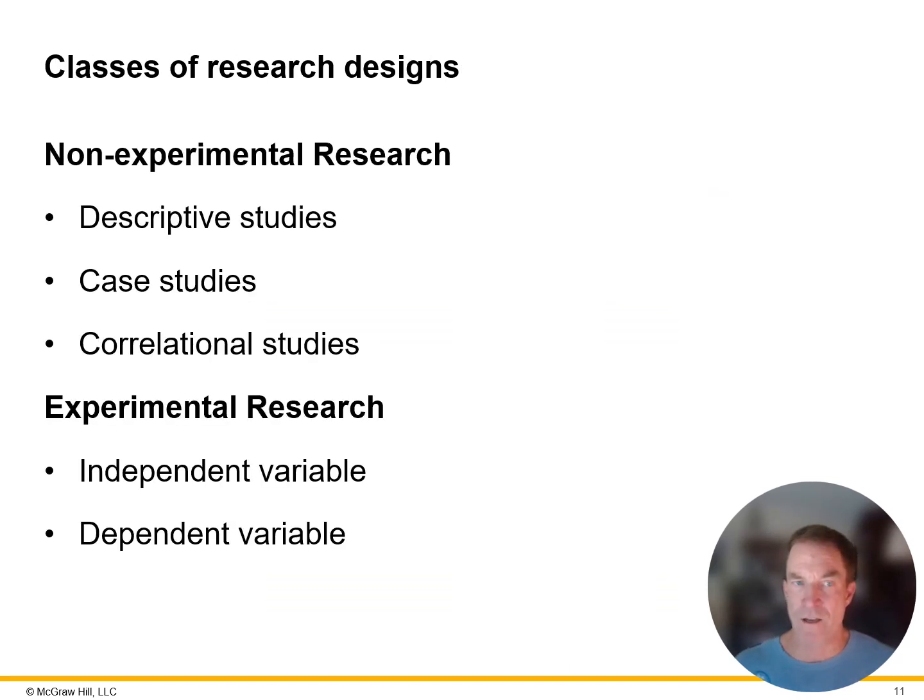So what is non-experimental research? Done all over the place, very important stuff: descriptive studies, case studies, and correlational studies. Now, we'll get into what a correlation is, but it's basically the effect of one variable on another, but I just used the word effect. That's not the case.